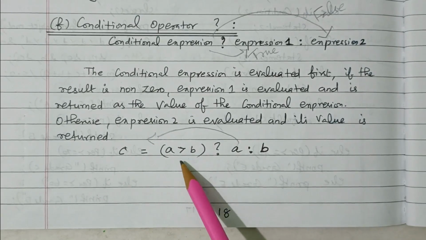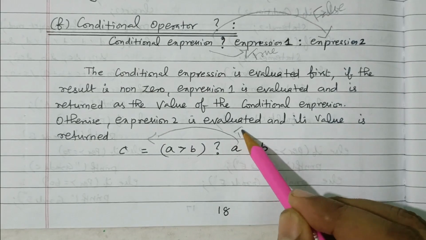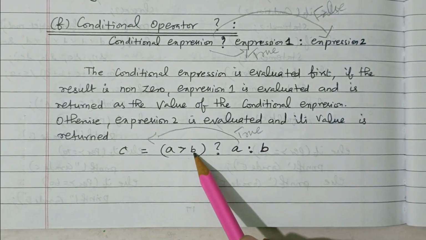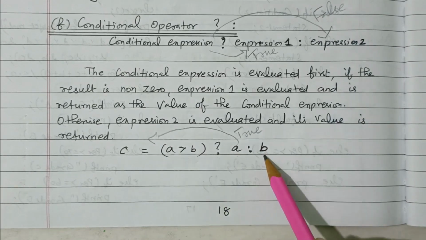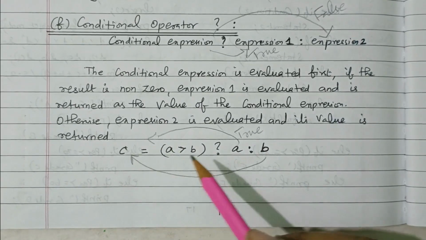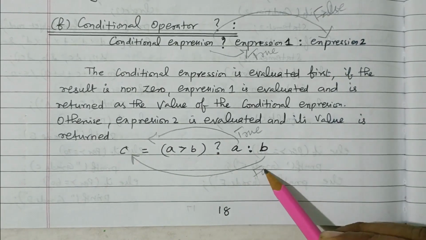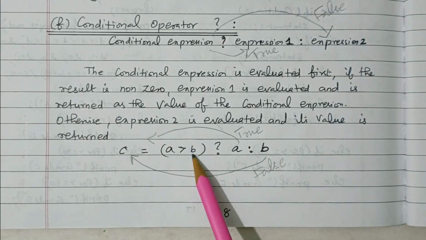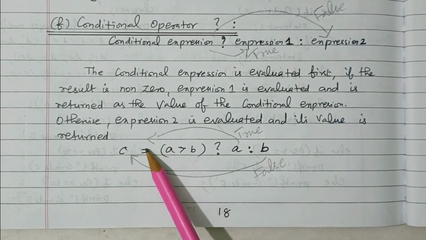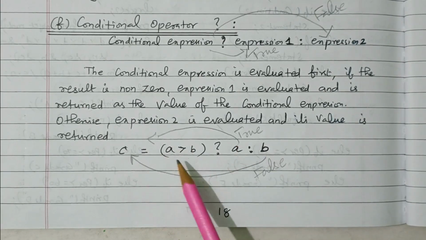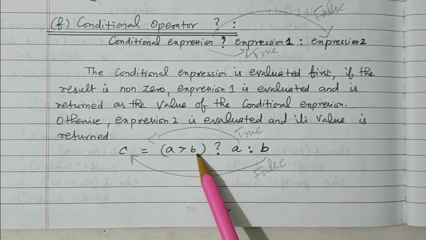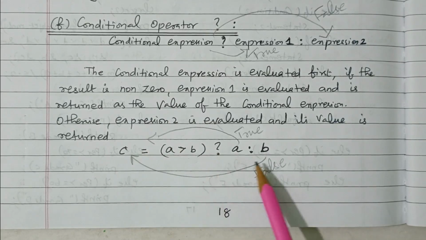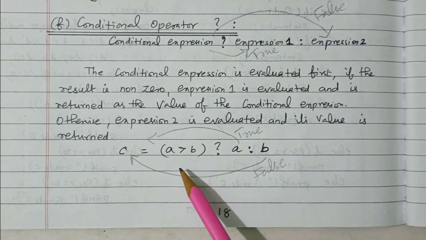Suppose the condition is false, that is, b is greater and a is lesser, then b will be stored in the variable c for the false value. So by checking this condition, true means a will be stored, false means b will be stored. So the biggest value among a and b will be automatically stored in c, either a or b based on the condition.